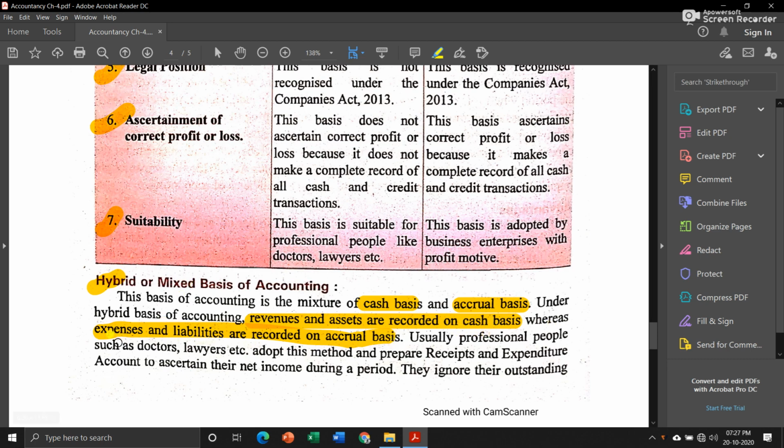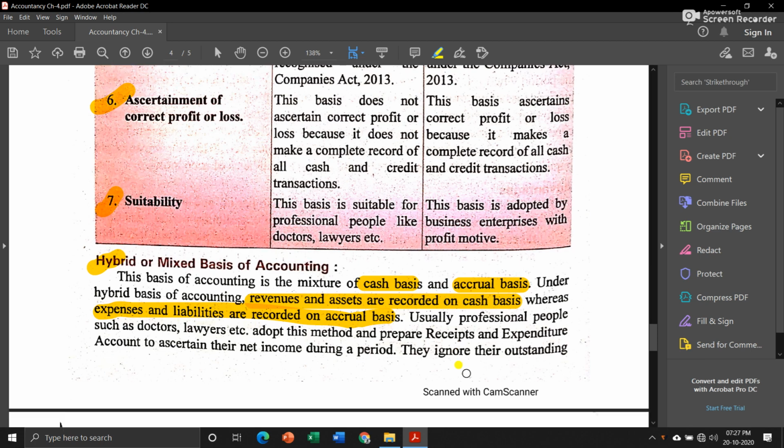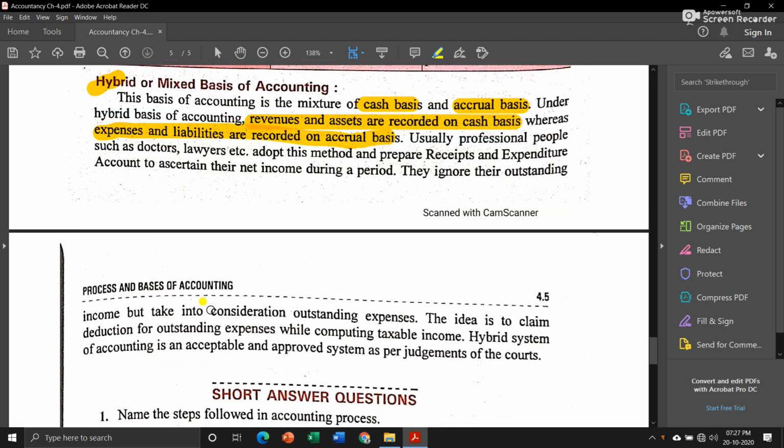Usually professional people such as doctors, lawyers, etc. adopt this method and prepare receipts and expenditure account to ascertain their net income during a period. They ignore their outstanding income but take into consideration outstanding expenses. The idea is to claim deduction for outstanding expenses while computing taxable income.